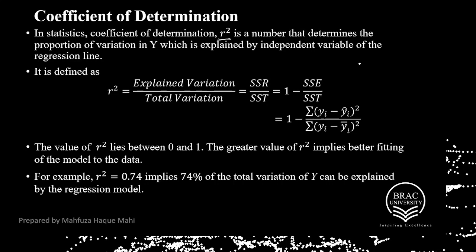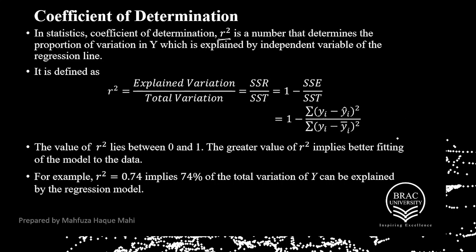So what is the coefficient of determination? It is a number that determines the proportion of variation in y which is explained by the independent variable of the regression line. The coefficient of determination r square is defined as explained variation divided by total variation, which is equal to SSR divided by SST.